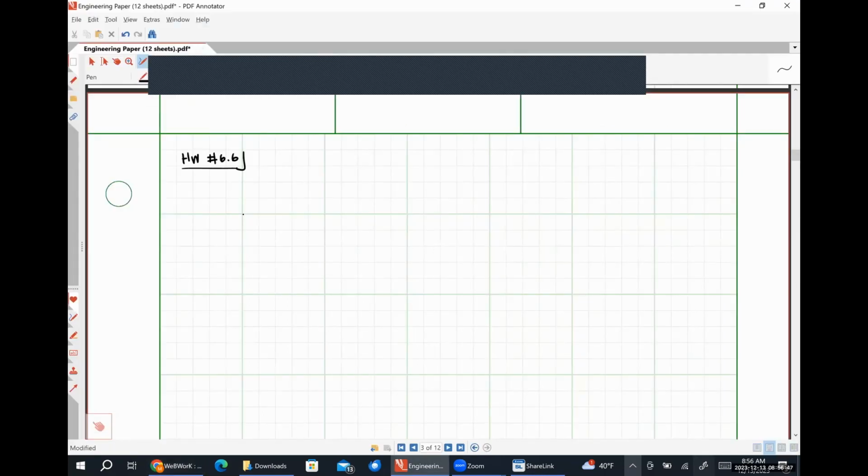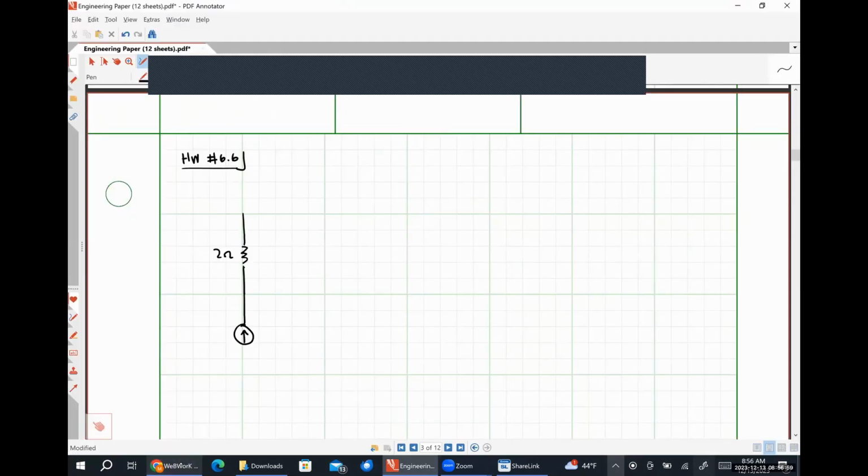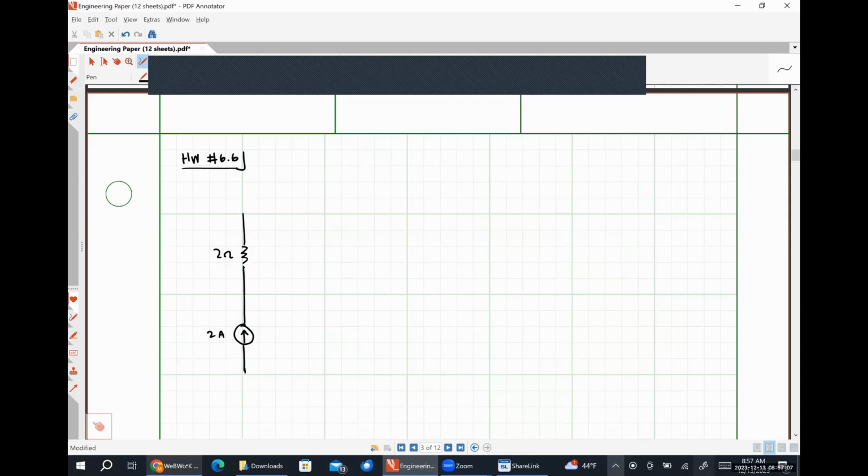And we have a 2 ohm resistor in series with a current source, where our current source has a value of 2 amps, or at least mine does. Then I have a dependent voltage source, negative polarity on the left, 2Vx.